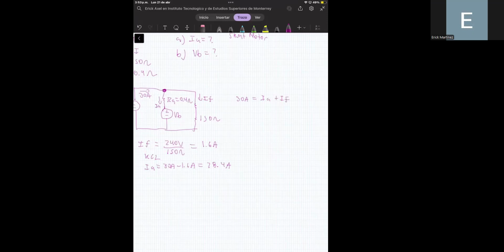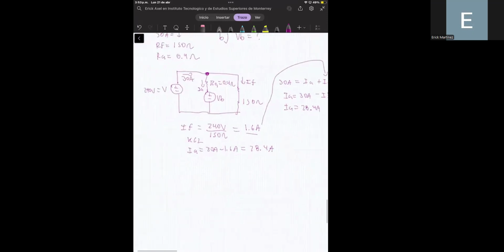So I can solve this for the armature current, and this is equal to 30 amperes minus the current in the shunt field, okay? And based on this, I can compute the armature current as, well, this value, no, 28.4 amperes. And, well, we know the shunt field current, that is 1.6, so I am basically substituting this value into this relationship.